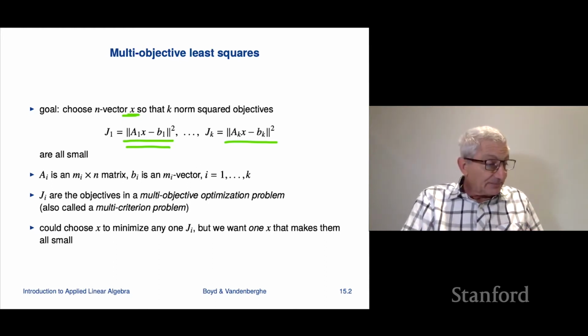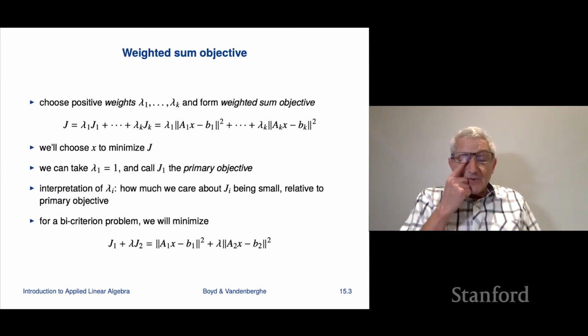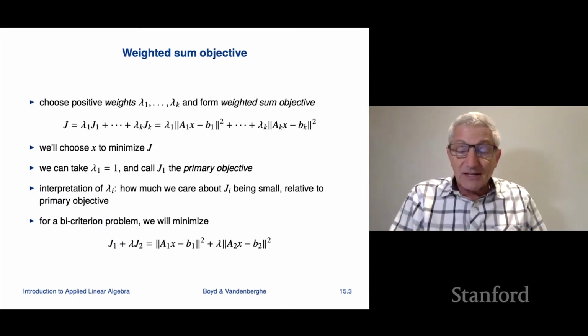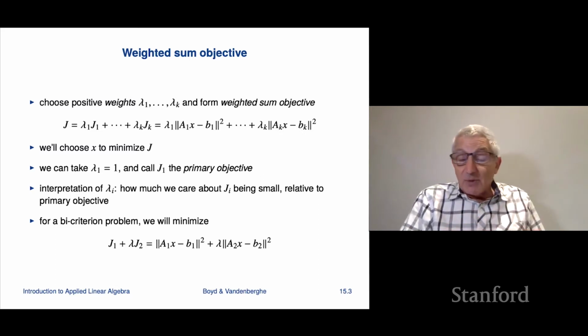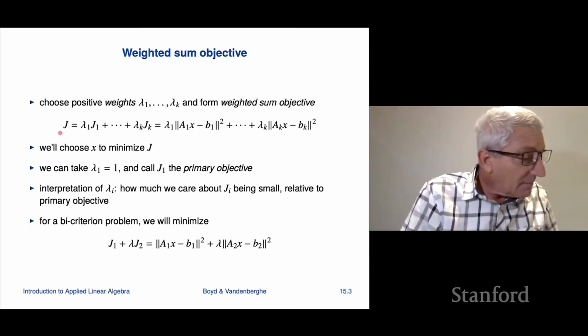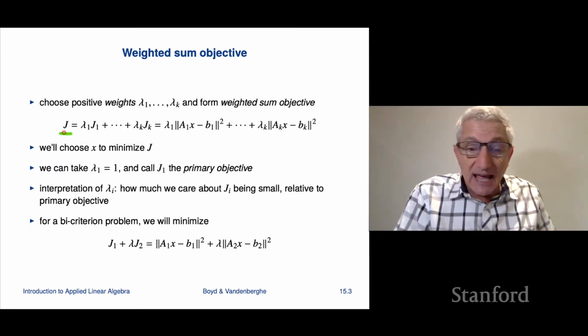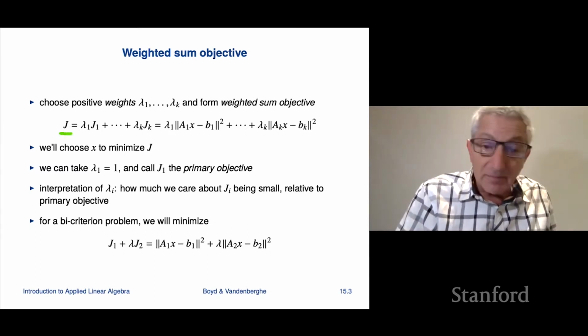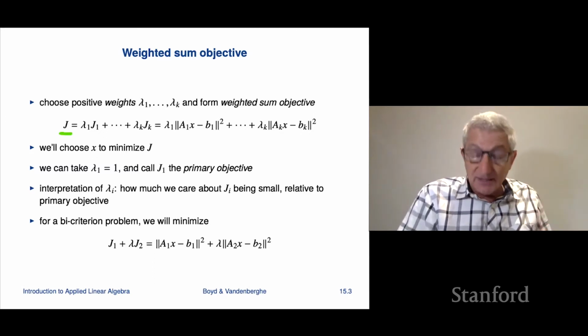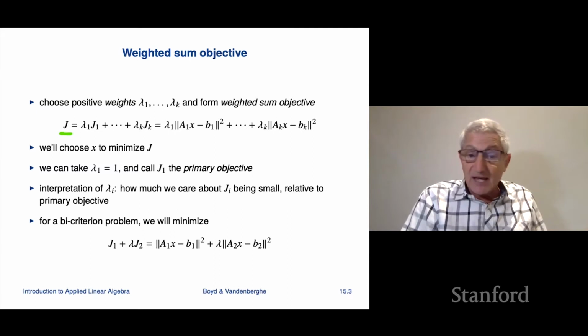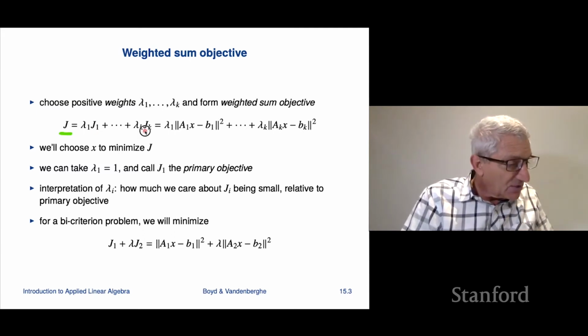That's the job here. Now we're going to follow a very traditional approach. The traditional approach when you have multiple criteria is to add them up with weights. So we're going to form a master objective called J, and it is going to be a linear combination of the objectives for the k problems, J1 up to Jk.